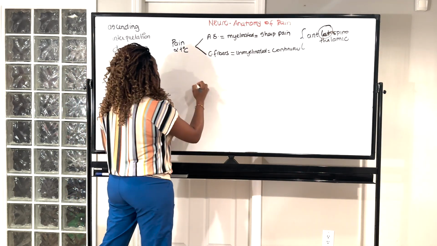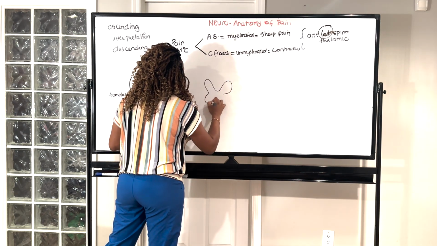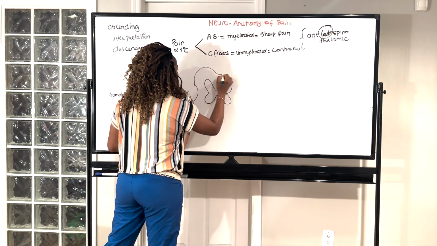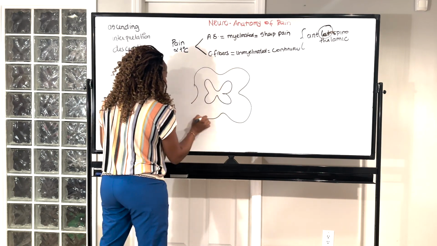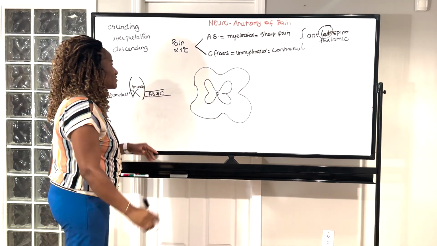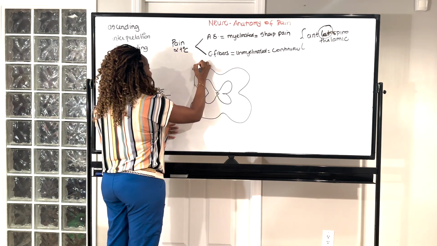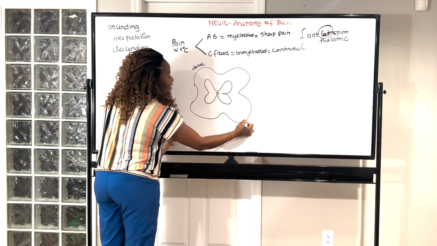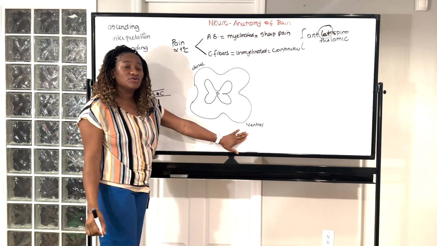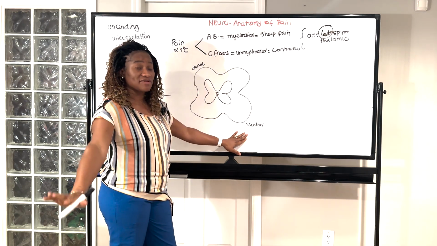Let's draw our spinal cord, just a picture here. So we have the dorsal horn here, and here we have the ventral horn. Remember, the ventral horn is for the motor fibers, the efferent fibers.